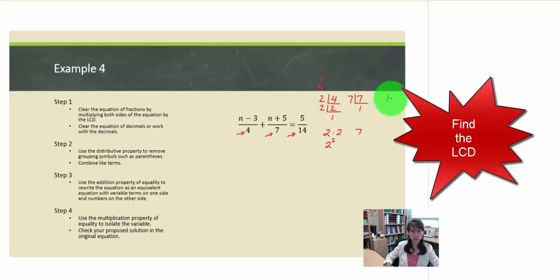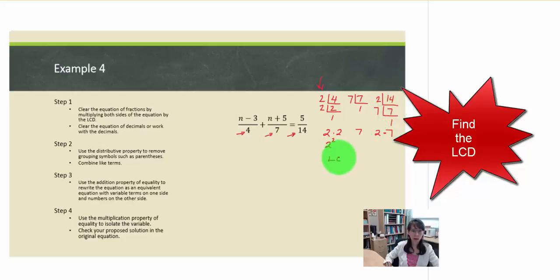Finally, we have 14. Dividing 14 by a prime number, I could start with 2. 14 divided by 2 leaves me 7. 7 divided by 7 leaves me 1. So 2 times 7 are the factors of 14, the prime factors.